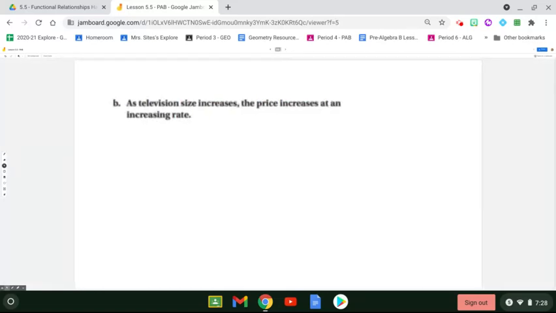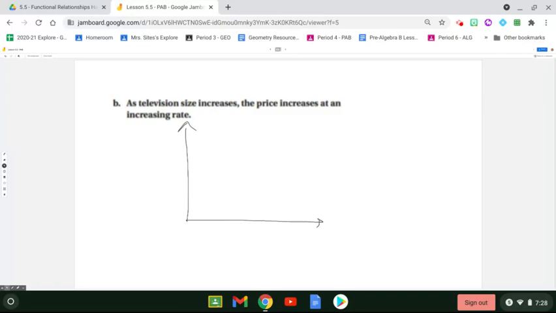Let's set up our XY axis. It says as the television size increases, the price increases at an increasing rate.